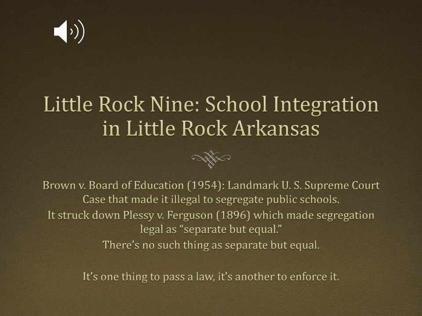There's no such thing as separate but equal, but that was the fiction upon which the American educational system operated for a number of decades. Brown v. Board of Education comes along and says, yeah, that's not cool, but it's one thing to pass the law, and it's another thing to enforce the law. So what we're going to talk about next is, how do we get the law enforced?